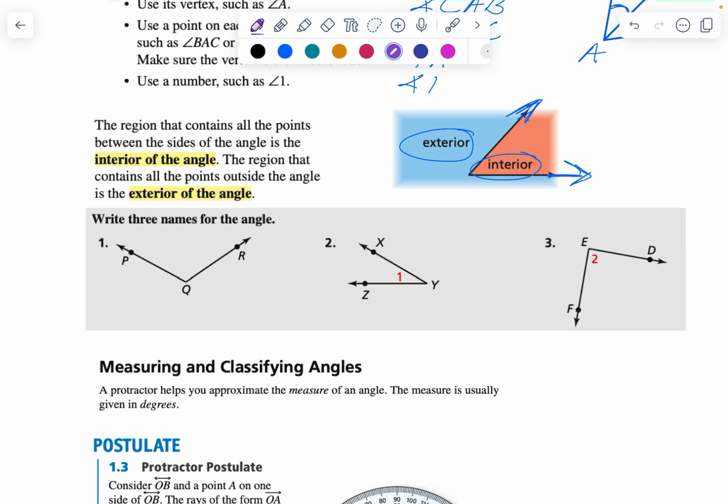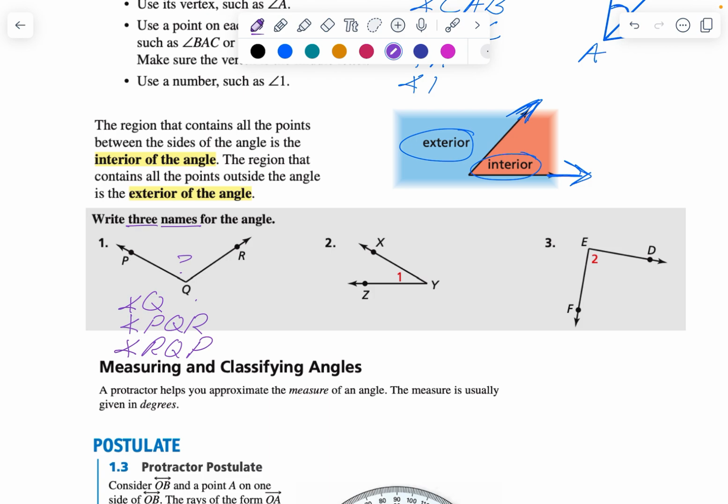For number 1, it says write 3 names for the angle. We could call this angle Q, angle PQR, or angle RQP. There's no little number here, so we can't use that one. However, on number 2, there are actually 4 ways we can name that angle.